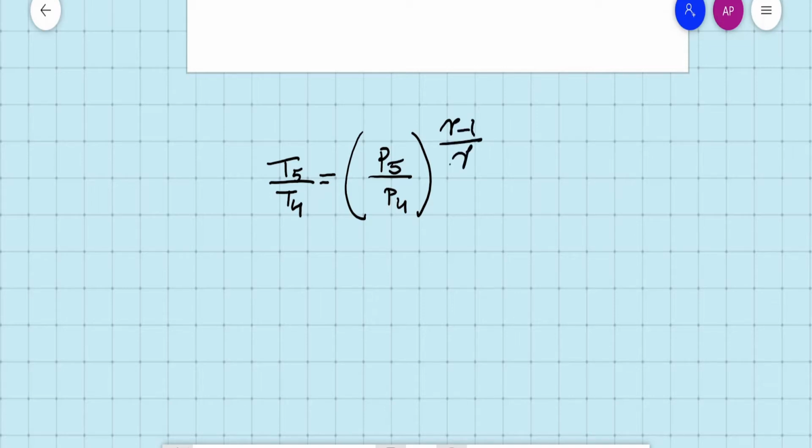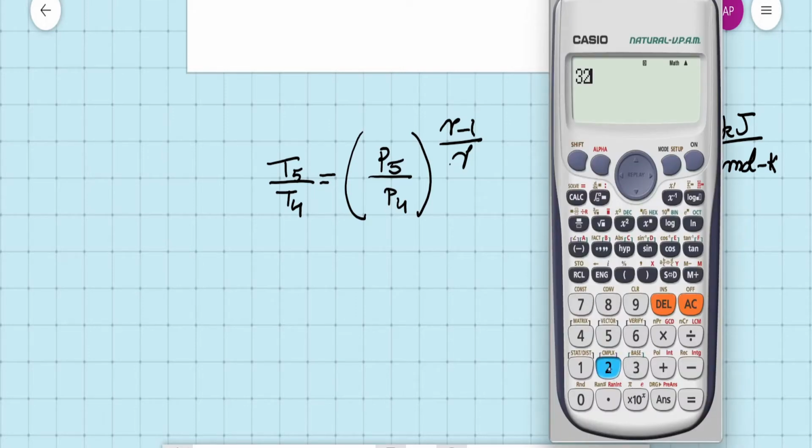Now, for our reference, we will calculate the values of the constants that we require so that we can use them quickly. So Cp is 32.22 kilojoules per kmol Kelvin, and Cv will be equal to 32.22 minus 8.314, and that makes it 23.906.